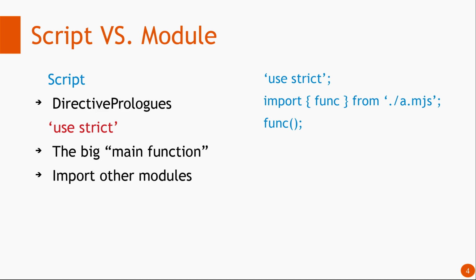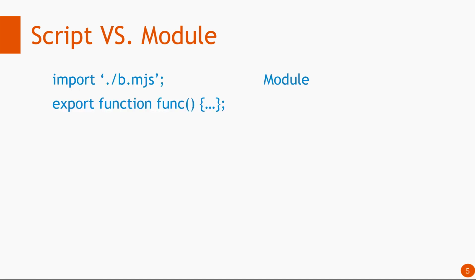In the script mode, you can only import other modules, and it is meaningless to export any symbols. In modules, you don't have to write use strict. Obviously, the use strict should appear only once in the script entry, because all other imported modules will be affected.